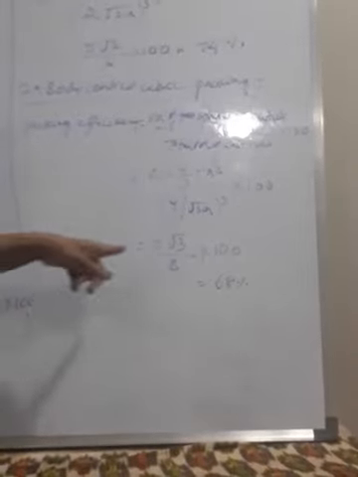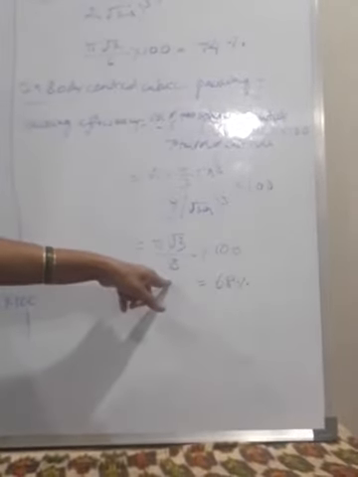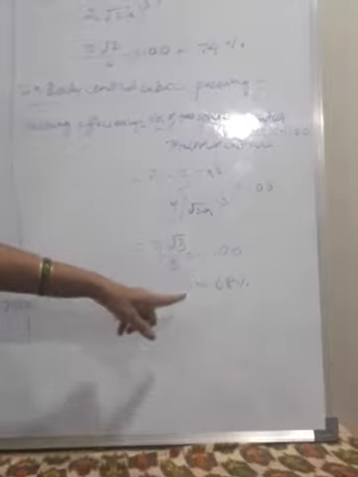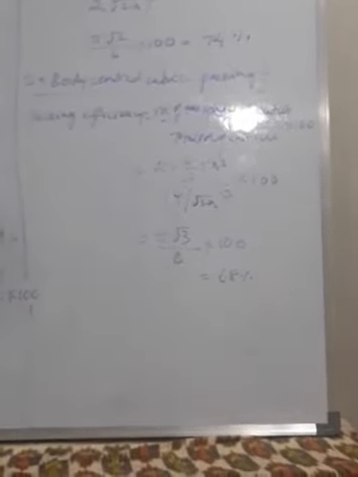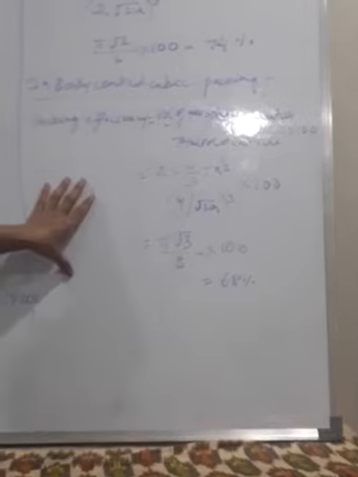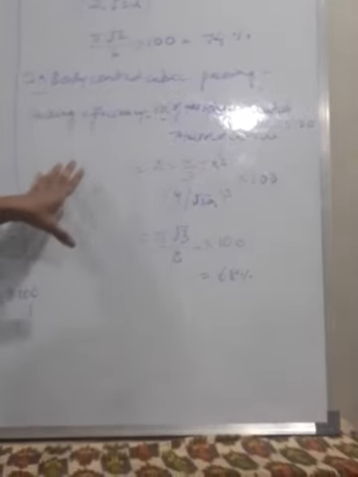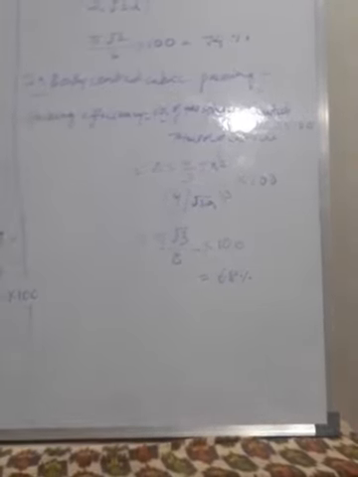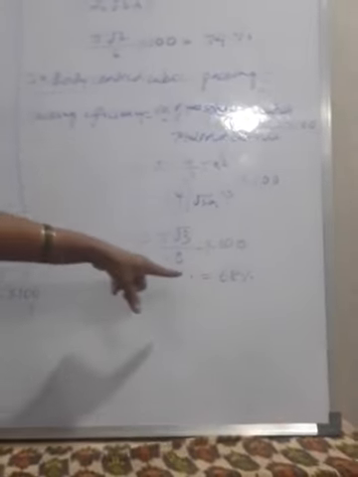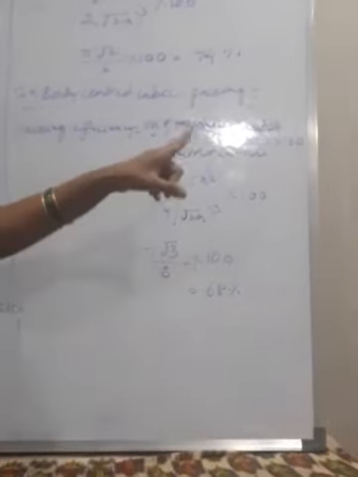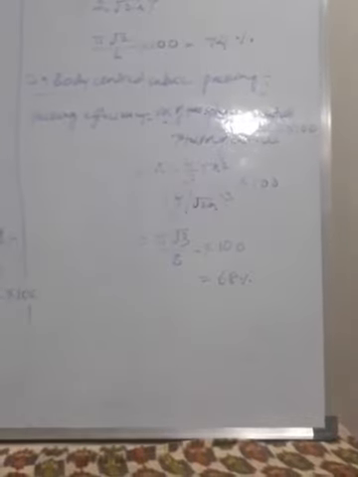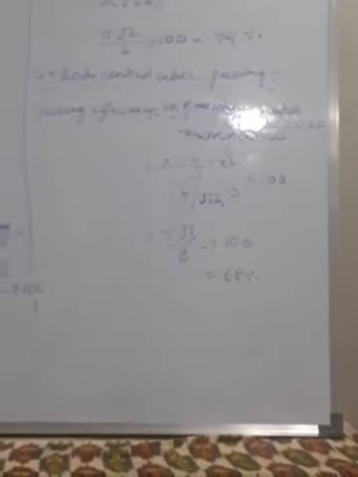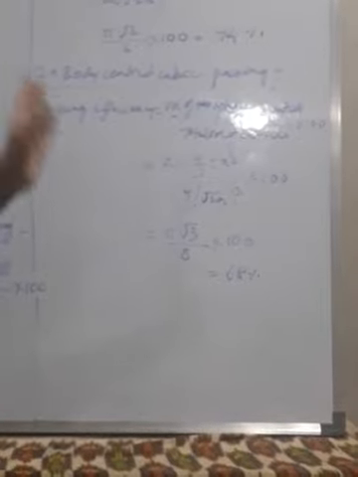This is equal to pi root 3 by 8 into 100, which is equal to 68%. So this indicates that in a body centered cubic lattice, 68% of the space is occupied by spheres and the remaining space is empty space.